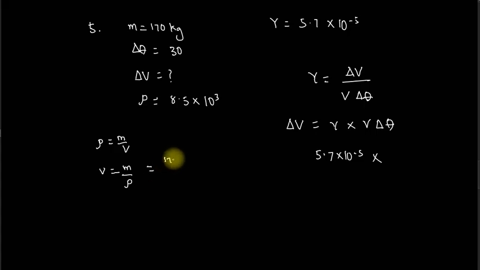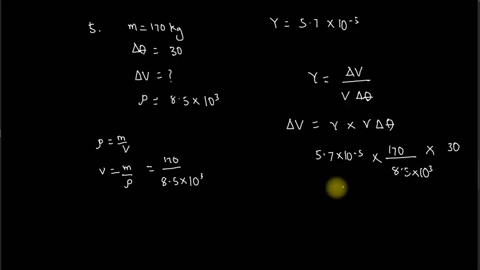So using the mass, 170 all over density, which is 8.5 times 10 raised to the power 3. We can just put it there like that and hopefully something will cancel out. So 170, I'm teaching you how to save time in JAMB. Times change in temperature, which is 30.